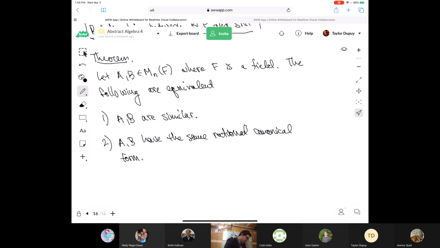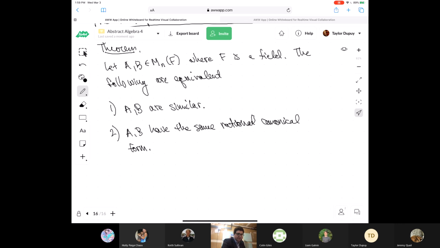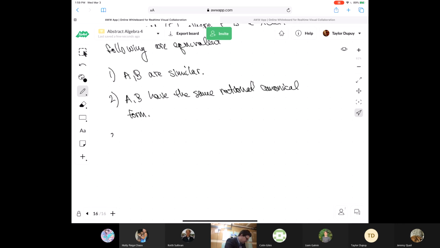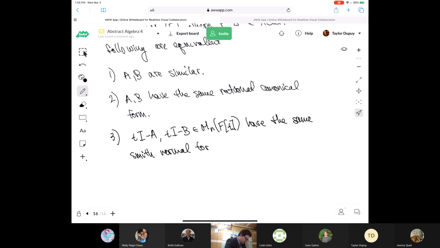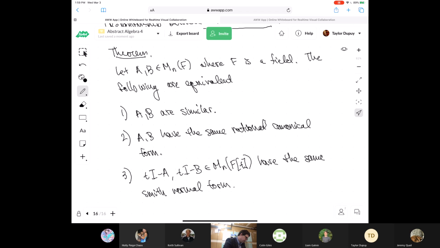Okay, so this means that they're similar. Remember, similar means that they're conjugate by an invertible matrix. And 3, tI minus A and tI minus B, and now these are matrices with polynomial coefficients, have the same Smith normal form. So these things are the same.